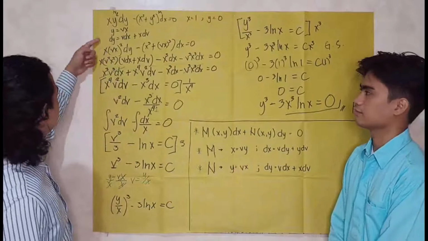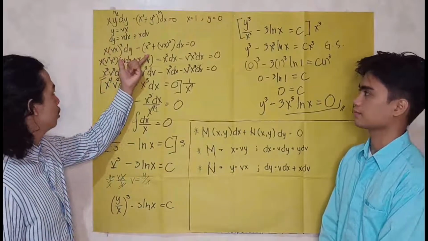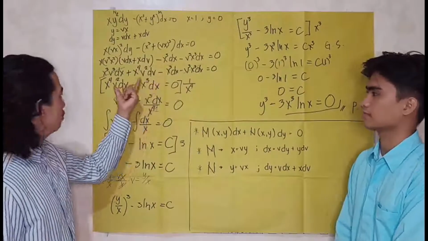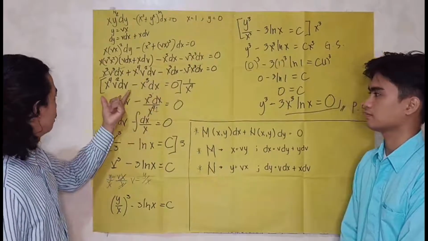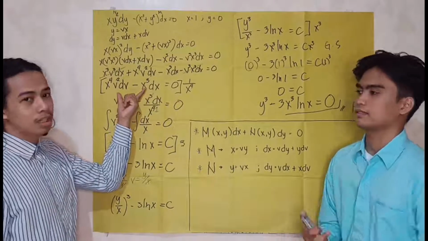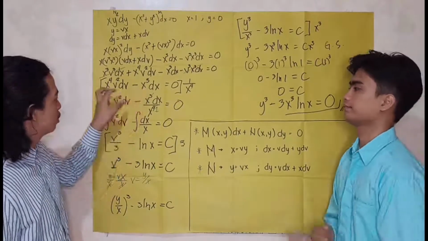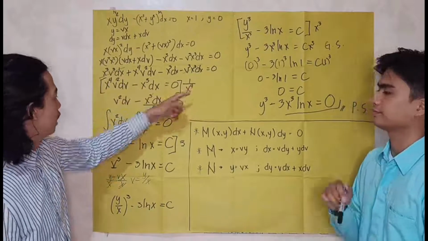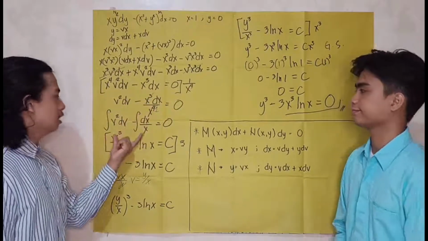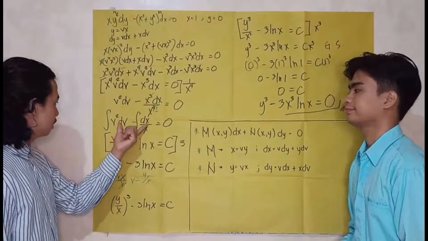Then, substitute lang sa equation. Then, simplify. Kung may maka-cancel, mas okay. Then, dito, perform na tayo ng separation of variables. Then, integrate. Simplify. Then, mapupunta na tayo sa integration.